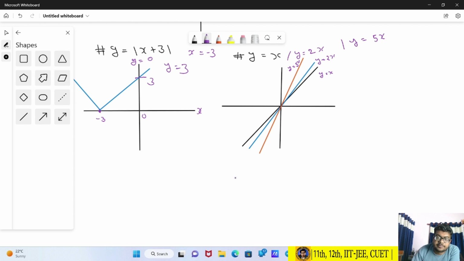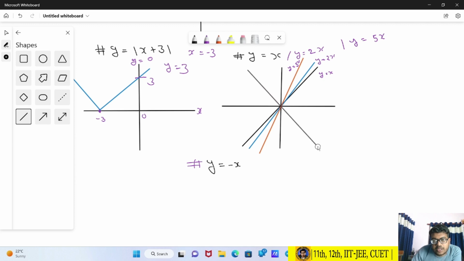If we draw y is equal to minus x, it looks like this.